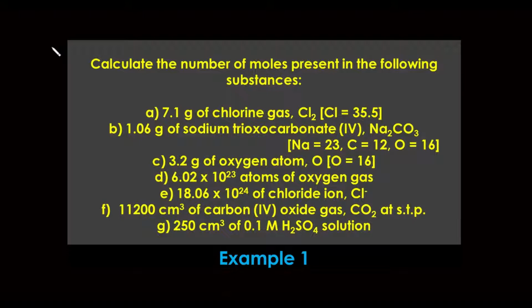So what we'll do first is calculate the molar masses of the given substances, one being the molar mass of chlorine, and that one the molar mass of sodium carbonate, that's Na2CO3, and the last one the molar mass of oxygen atom. So let's start with the molar mass of chlorine.